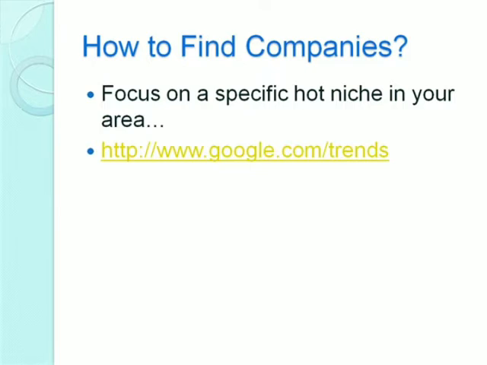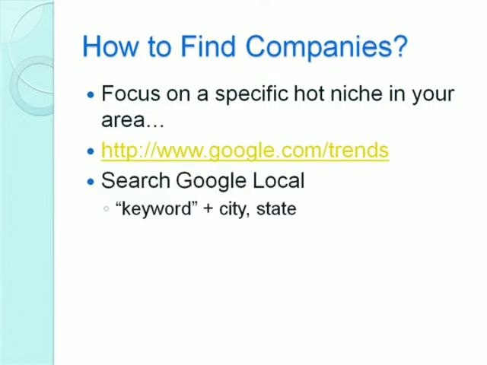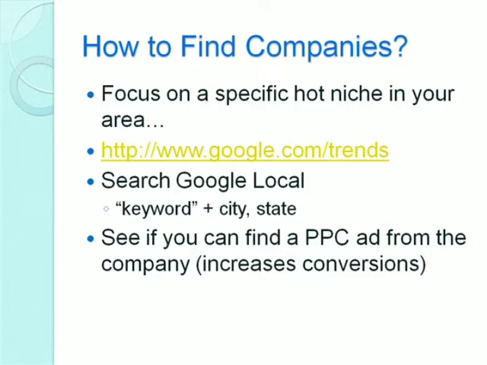What you can do is go to Google Trends. I'll show you that in just a minute, but I'm going to use Google Trends to figure out whether or not something is hot in a specific area. You can also use Google Local by typing the keyword plus the city and state to find companies once you've found a hot niche in your area. You can also check to see if you can find a PPC ad, or pay-per-click ad, from the company.